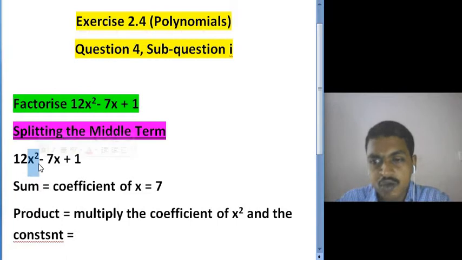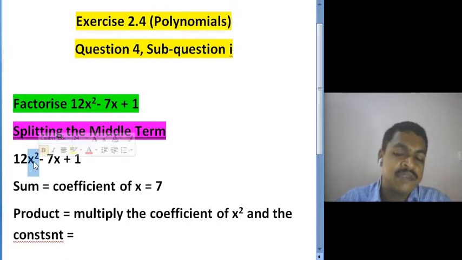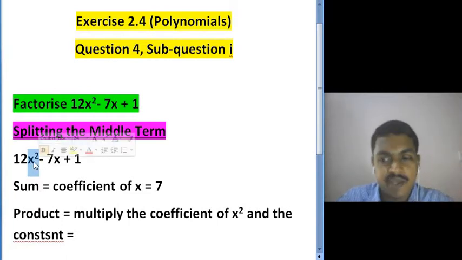The coefficient means the number that comes before the variable. Before x square you have got a 12.